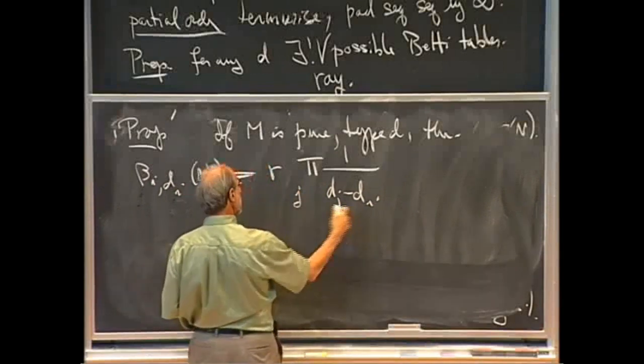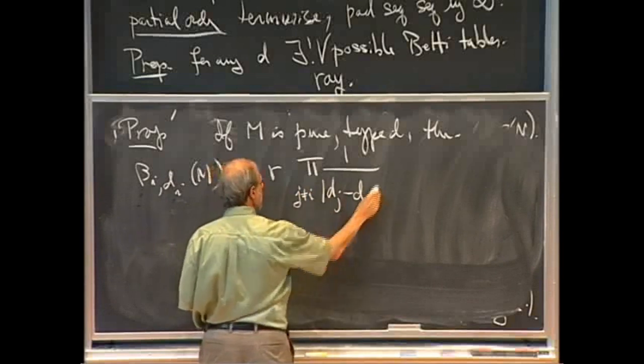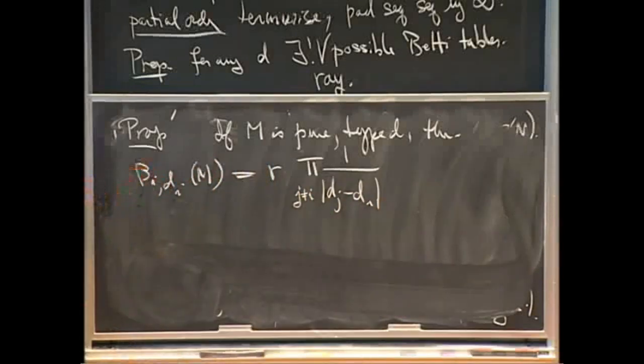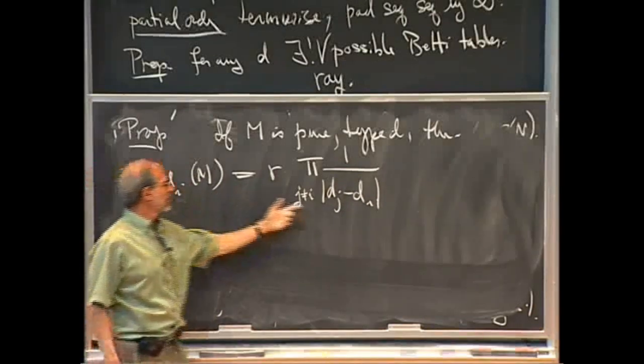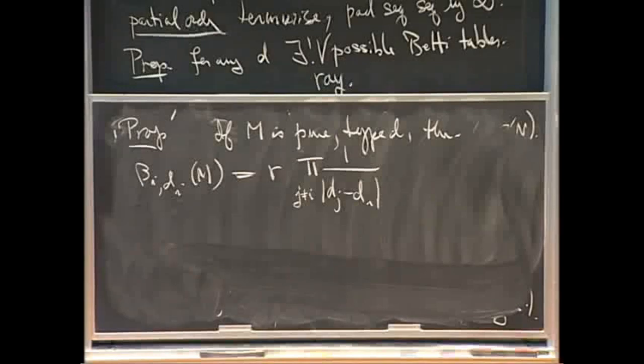You better take j different than i to make that possible, and I better take an absolute value sign there to make it positive. So that's a pretty simple combinatorial thing. If you think about it, you shouldn't be too surprised. That's the kind of Vandermonde. That's a solution to the Vandermonde equations, right? Looks like that often.